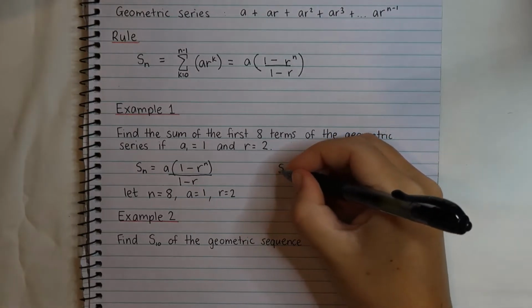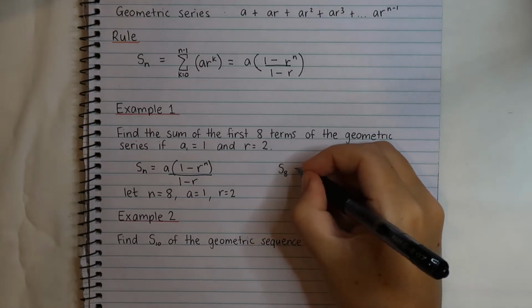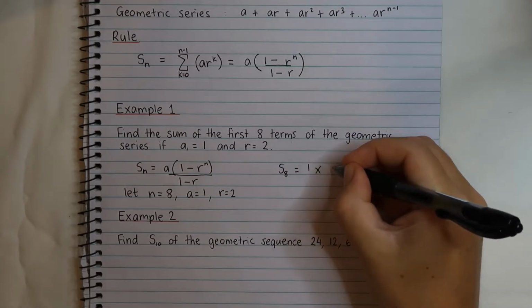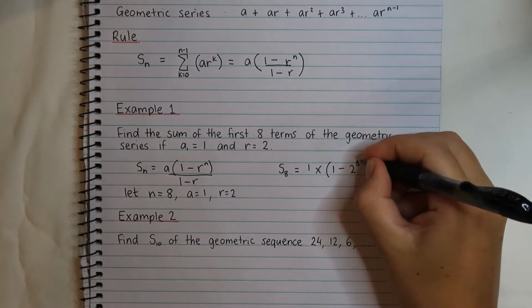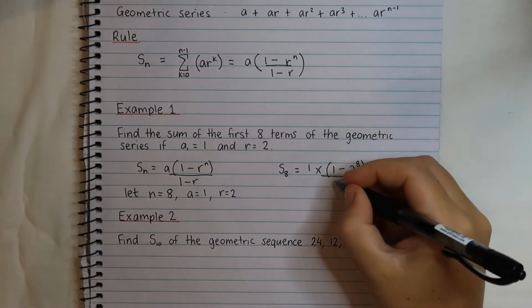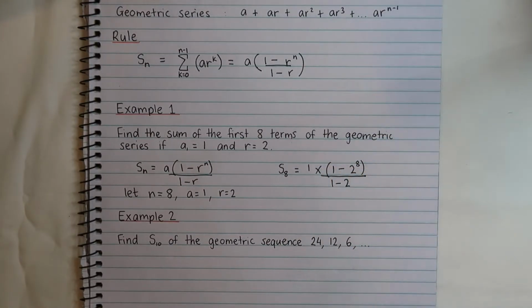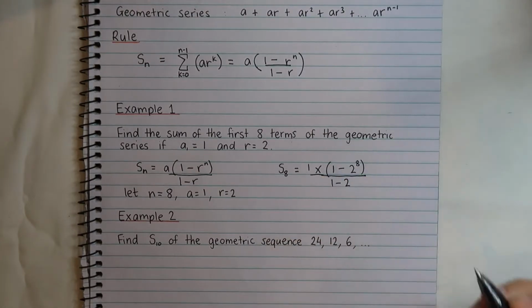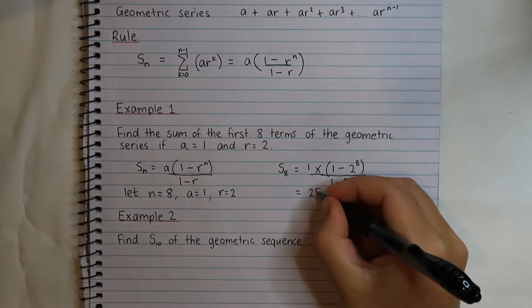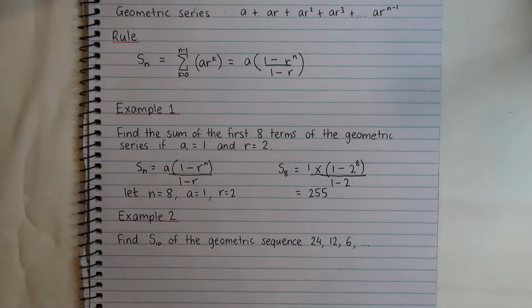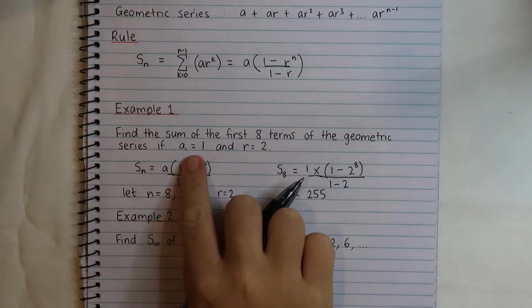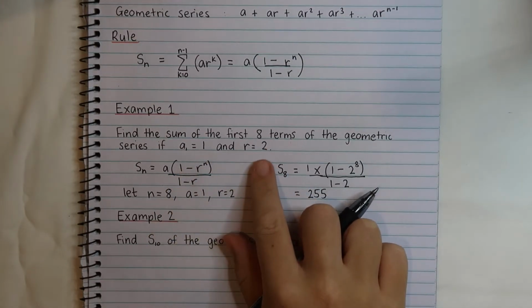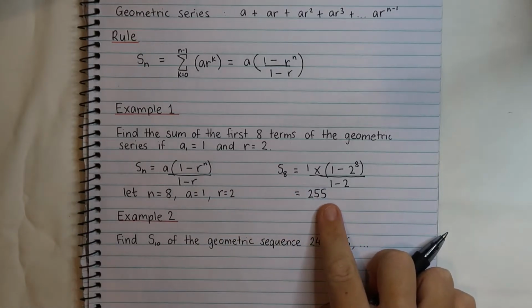So we have S8 is equal to 1 multiplied by 1 minus 2 to the power of 8 divided by 1 minus 2. When you put this into your calculator, you'll get 255. So the sum of the first 8 terms in the geometric series, where our starting term is 1 and our common ratio is 2, is going to be 255.